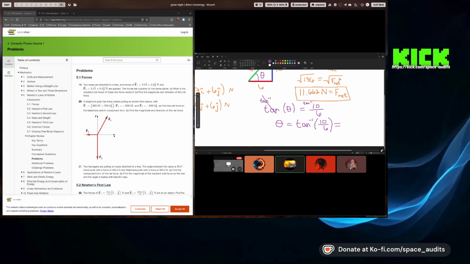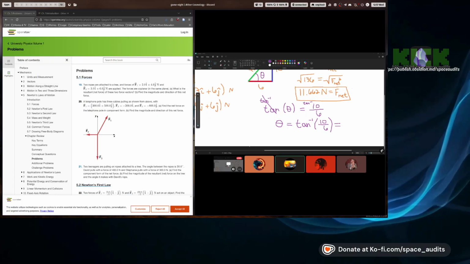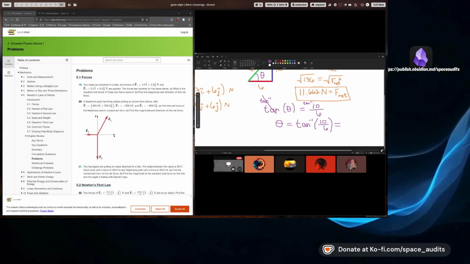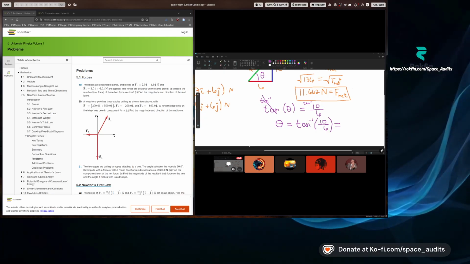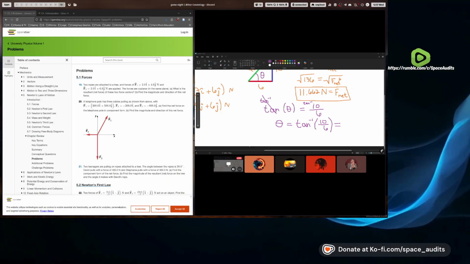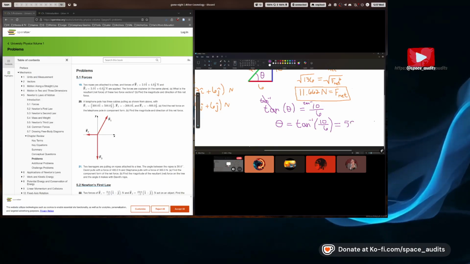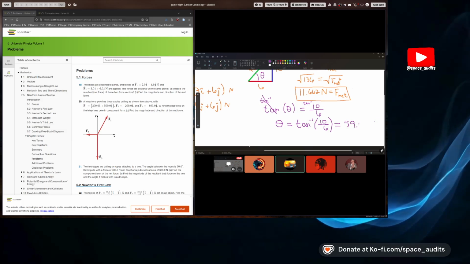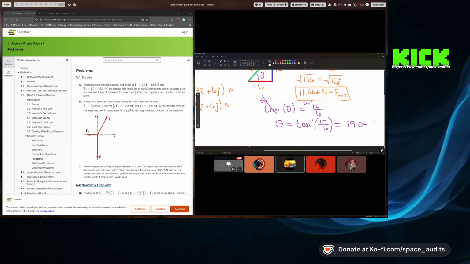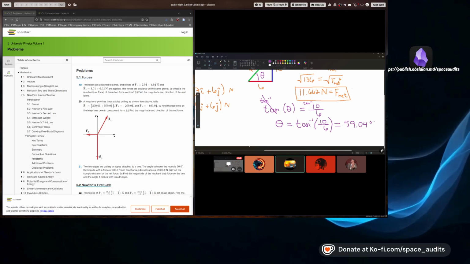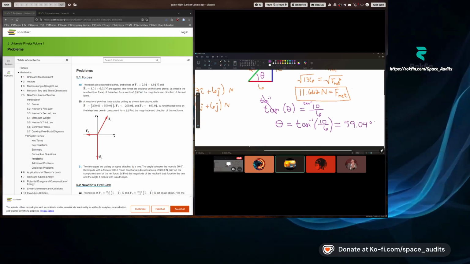Arctangent of 10 over 6 is about 59.04 degrees above horizontal.